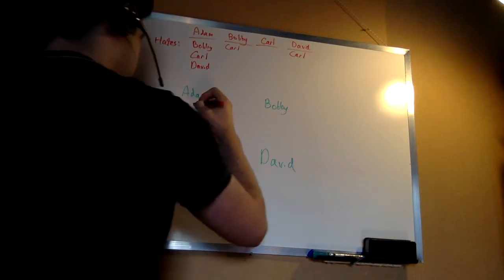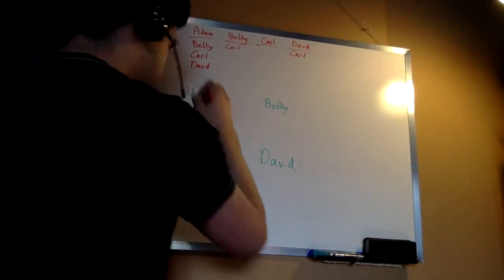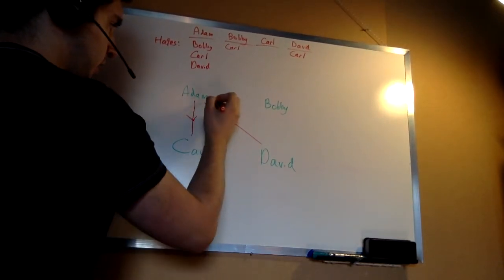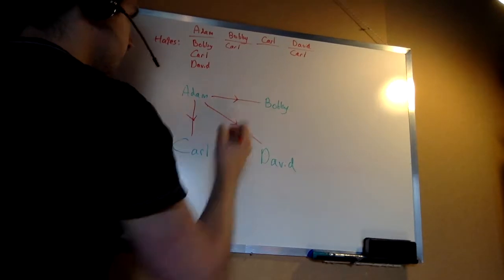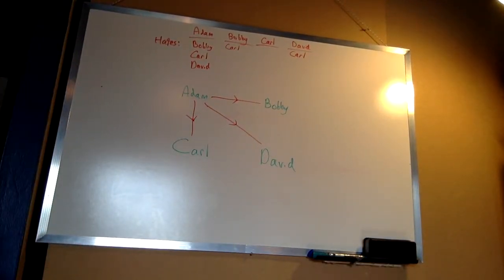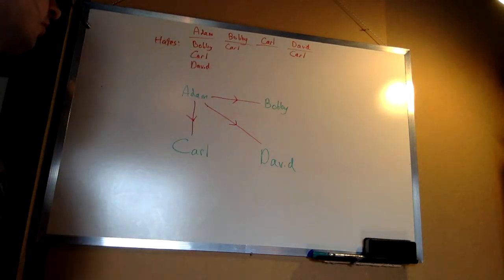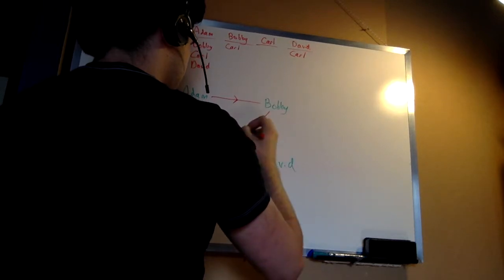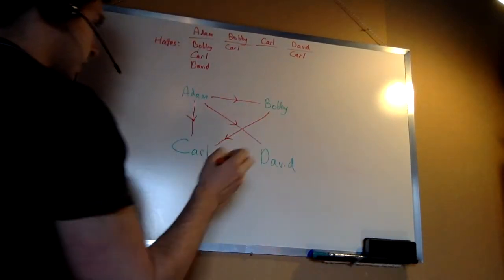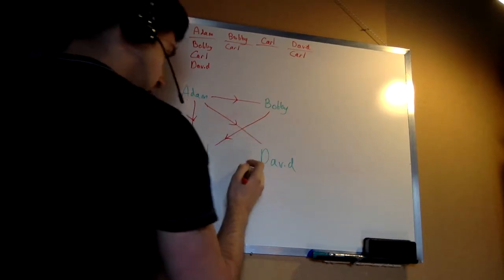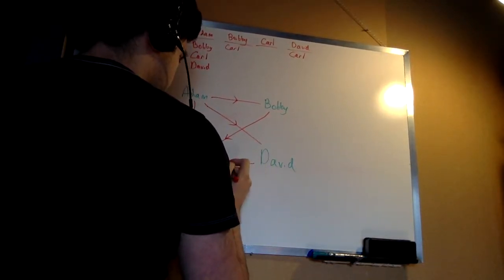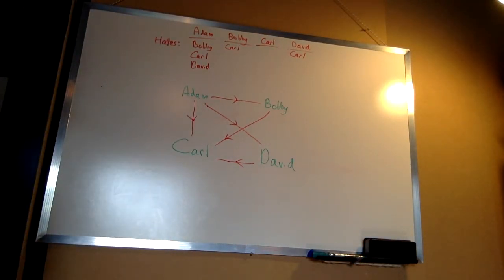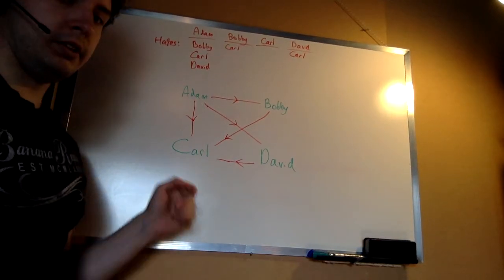We know that Adam hates everyone, so there's our directed edge from Adam to Carl, another directed edge from Adam to David, and another from Adam to Bobby. Good. And then we're just walking through this table and drawing the relationships. So Bobby to Carl is like this, and finally from David to Carl. Wow, everyone hates Carl. I just realized that. So Adam's a bad kid, and Carl's a good kid that everyone hates. This is us, the nerds in school.